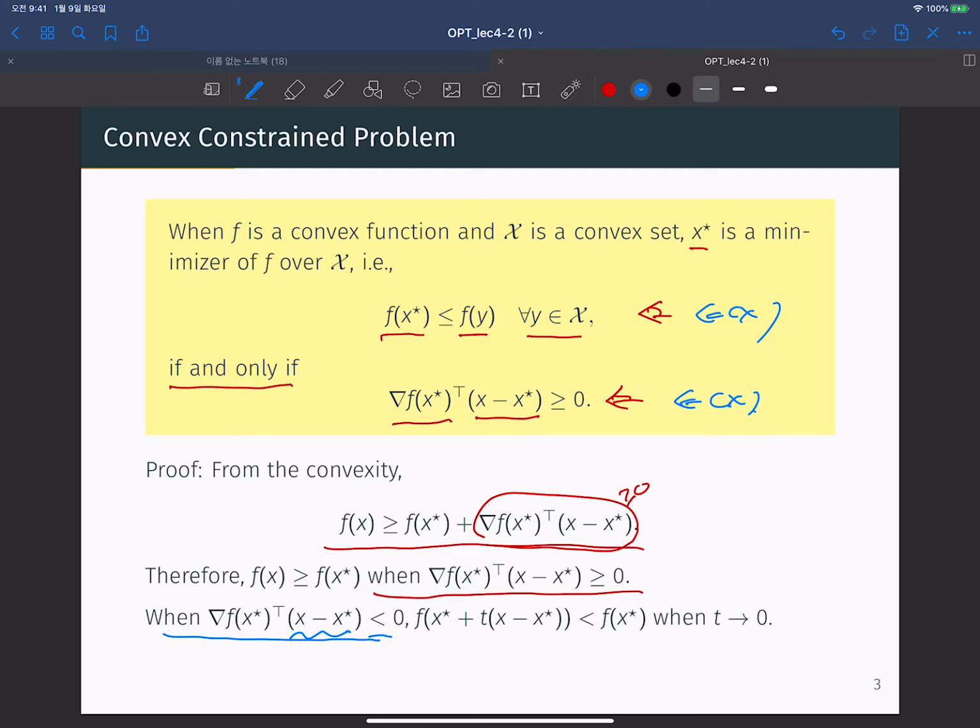So when you set the input of function f as x star plus a very tiny t value times (x minus x star), then this value will be in the convex constraint set X. And also from this property, we can say that f(x star) is greater than f(x star plus t times (x minus x star)). So this part does not hold. So from this very simple argument, we can say this if and only if condition is true.